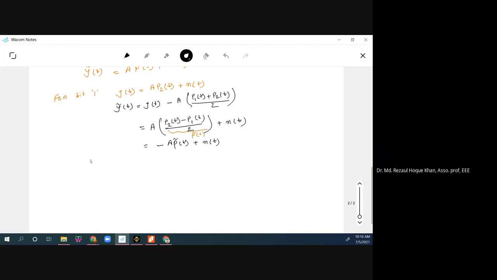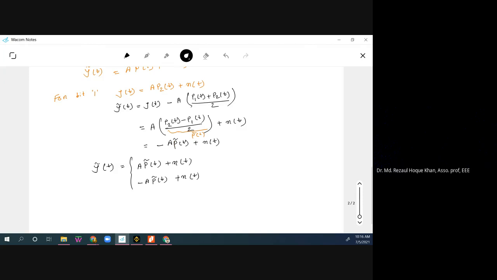For y tilde, the new value of output y tilde, we get two values. We get a p tilde t plus n t, or we get a p tilde t plus n.